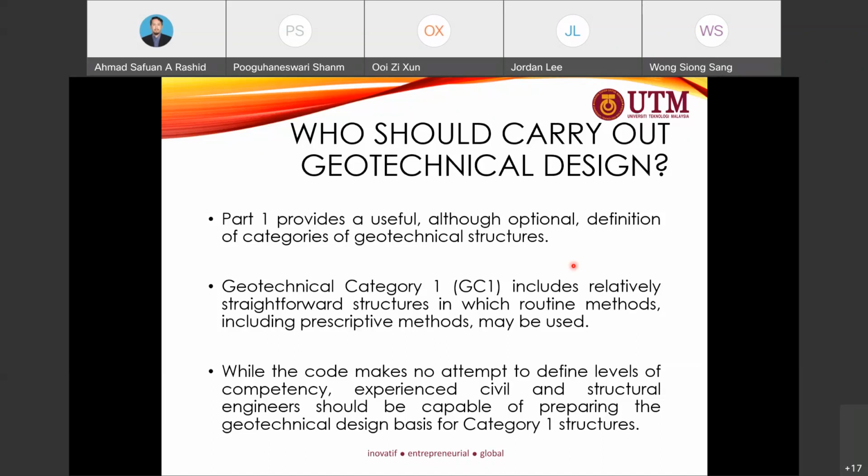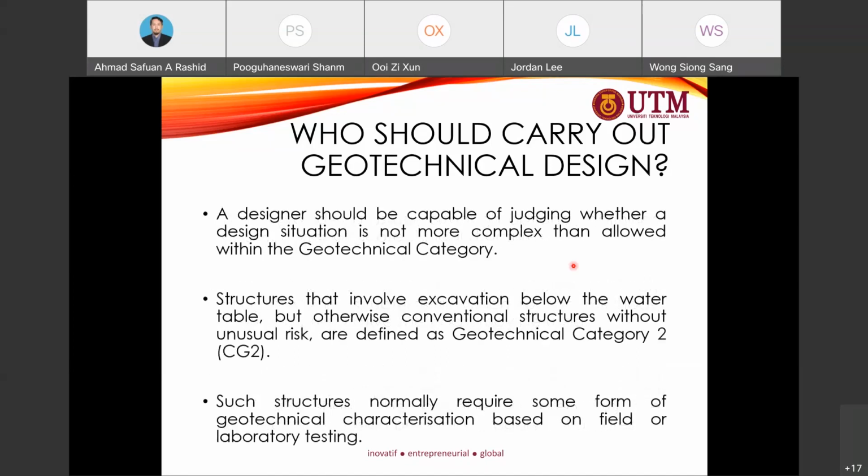For example, if they want to build a guard house, or whatever structure that is very light, there is no need to follow 100% of EC7. So the designer should be capable of judging whether a design situation is not more complex than allowed within the geotechnical category.